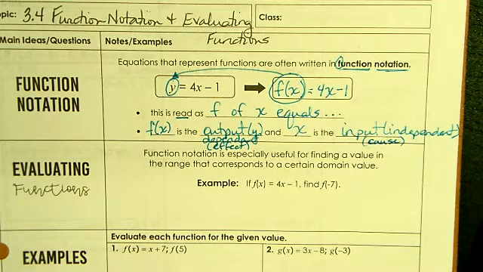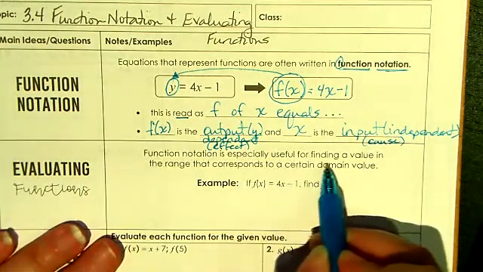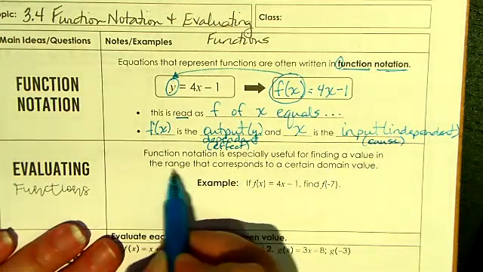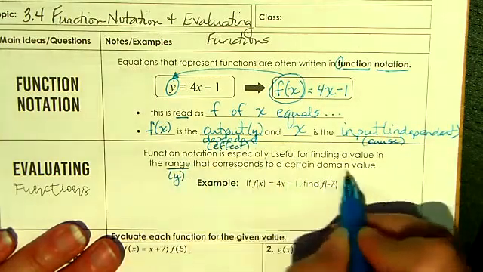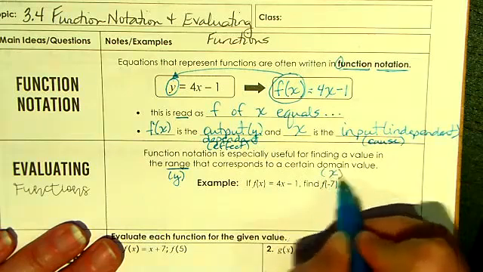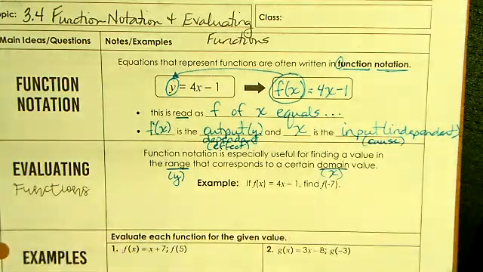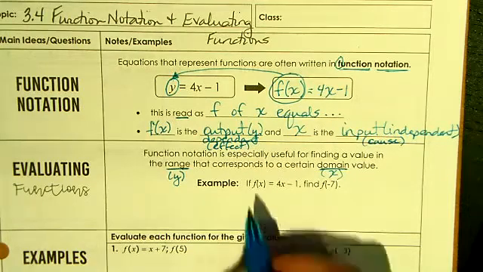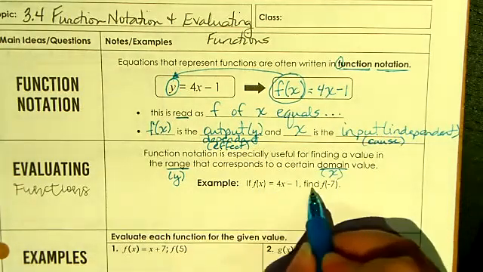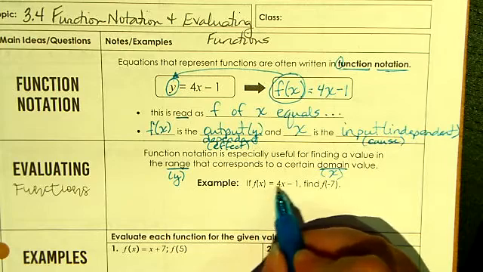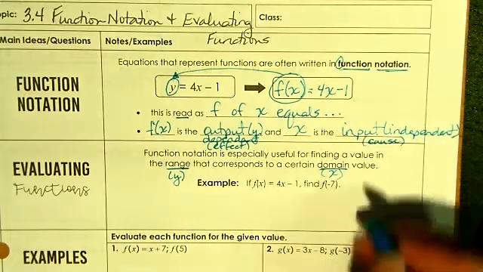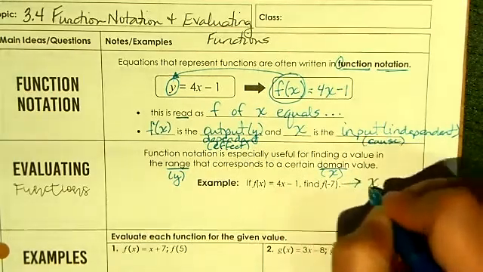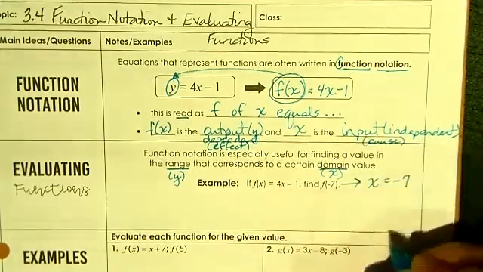Okay, so function notation is especially useful for finding a value in the range, which remember is y, that corresponds to a certain domain, which is x. So if you're given the domain, the x value, you can easily find the range, which is the y. So for instance, if f of x equals 4x minus 1, find f of negative 7. That just means that x equals negative 7.